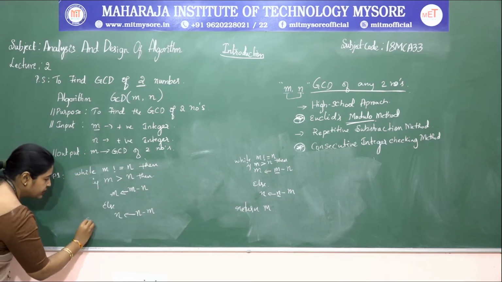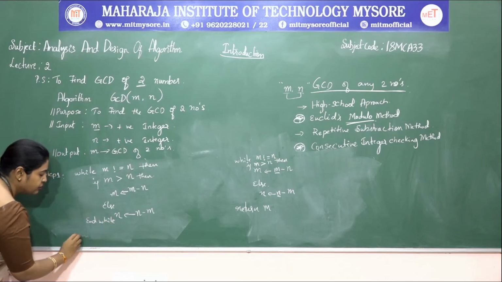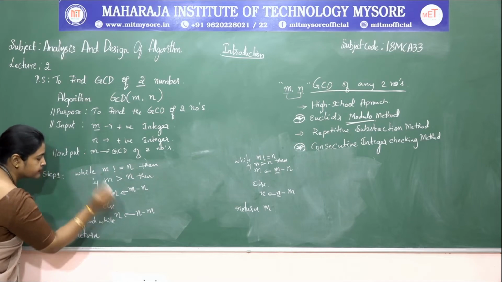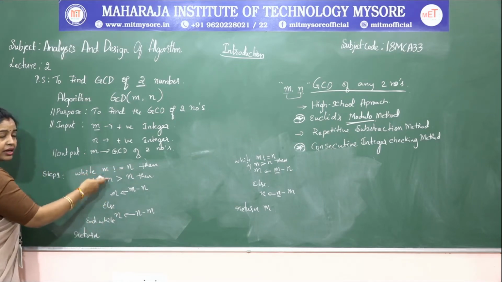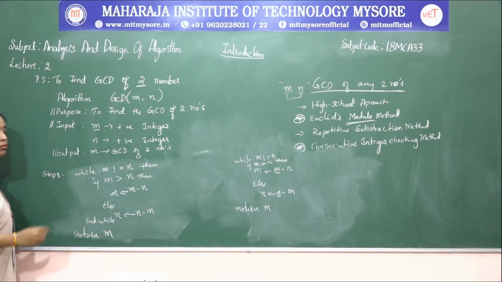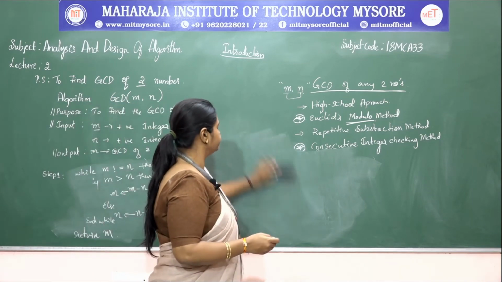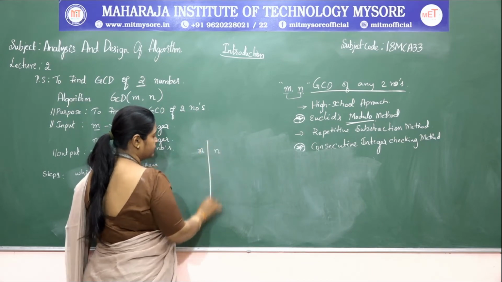Once it is completed, end while, and then we need to return either m or n. Why? Because until both are equal, we need to repeat the same step. So we return m or n. Let us take an example with columns m, n.